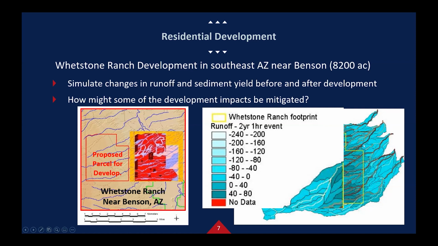And you can see down channel of that development, we saw higher runoff rates, as well as higher runoff occurring. You can see the change in colors from very light to very dark. All right, so again, we're seeing an impact of development. So we're incorporating the change within the watershed, in this case a proposed development.